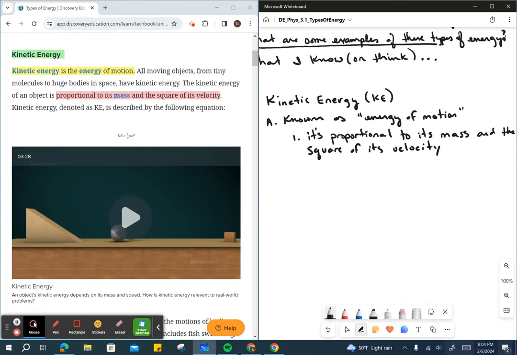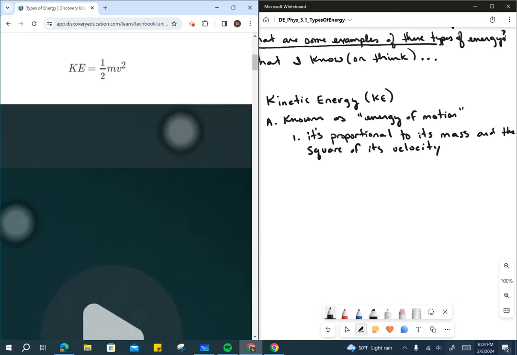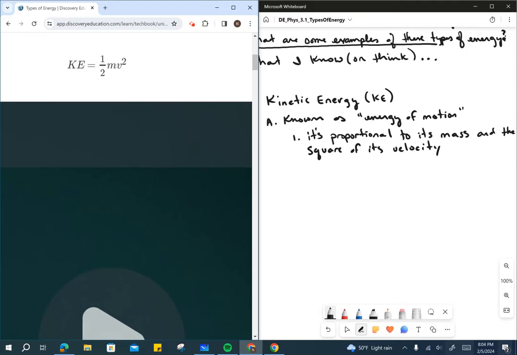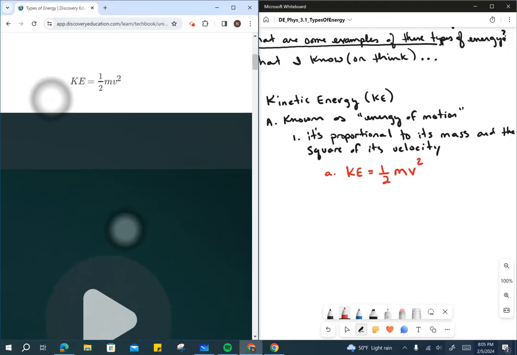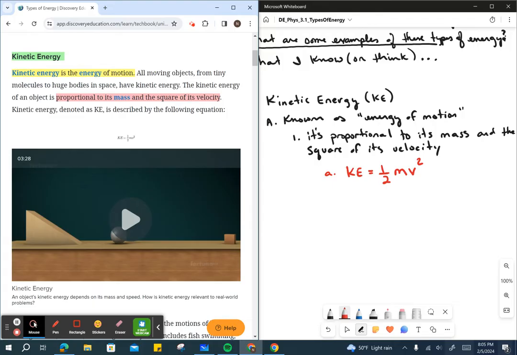And they give us a little equation over here. Let's write that in red here. Kinetic energy is equal to half times mass, directly proportional to mass, and directly proportional to the square of its velocity. Okay, so you probably want to make sure to know that equation.